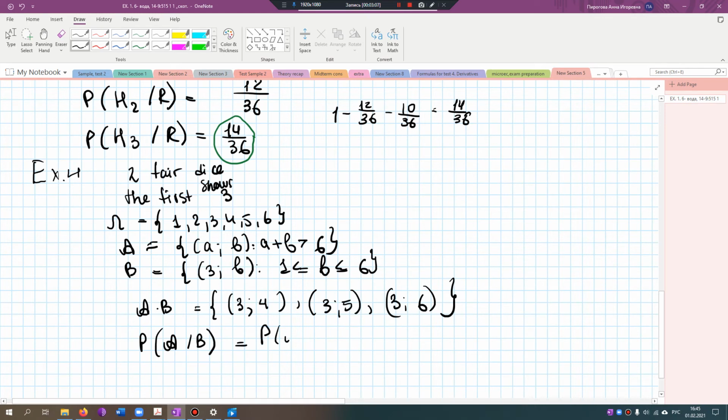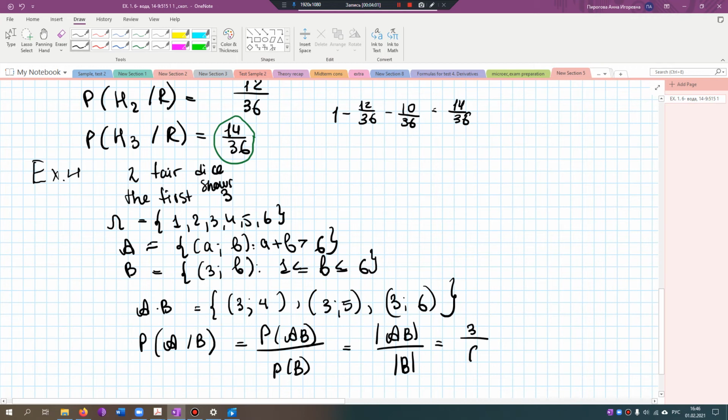And speaking about the probability of A under the condition of B, we will use the following formula. We will use the probability of AB divided by the probability of event B. Here we will use the size of the set AB, and here we will use the size of the set B. Here we will have 3 items, and in total it is possible to make 6 combinations when the first die shows 3 and the second one shows 1, 2, 3, 4, 5, 6.